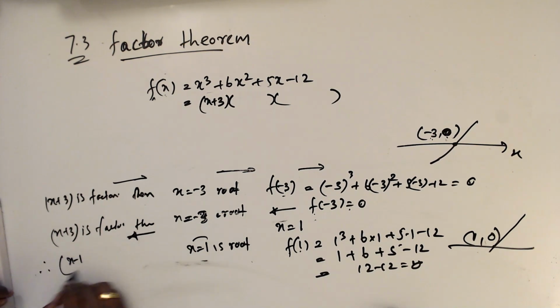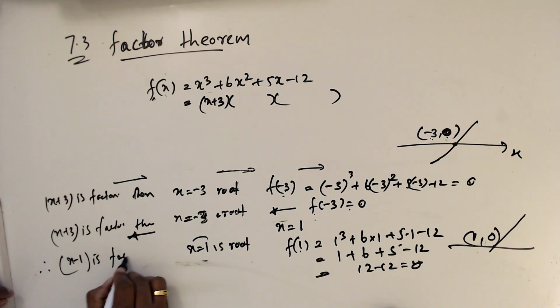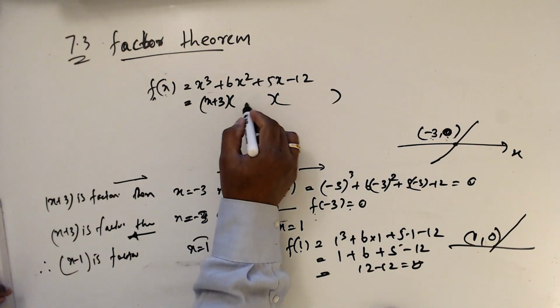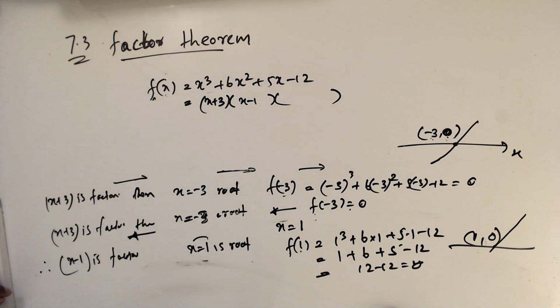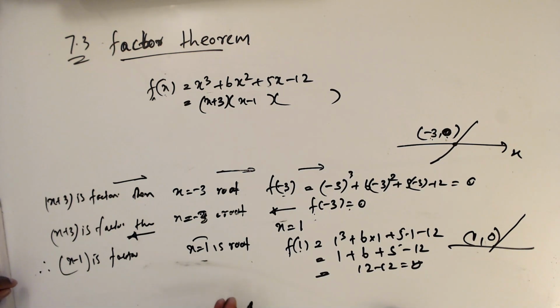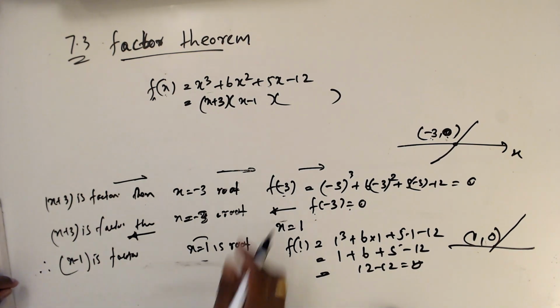Hence, x minus 1 is a factor. Now you found out the second factor. Now, we can try another number and work out the third factor. So, it is a trial and error then.